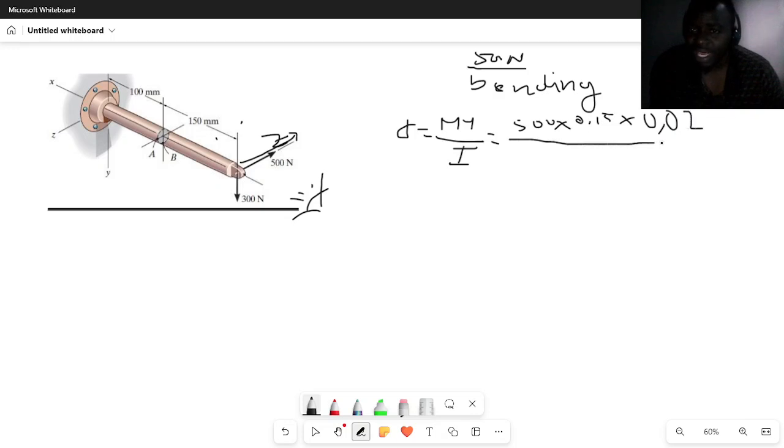Now what is I? I is pi over 64 times the diameter to the power 4, so pi over 64 times 0.04 to the power 4. Now I'm just doing calculation. I am not saying at this point what's happening. We will see what will happen just now.